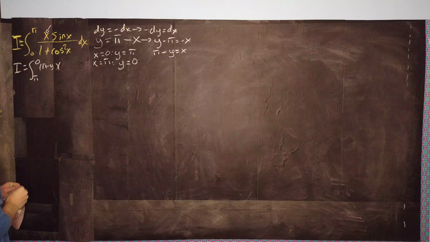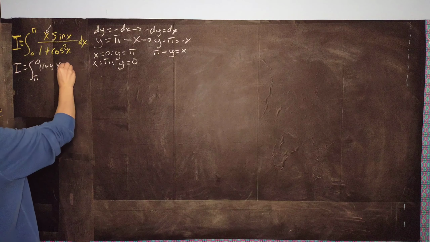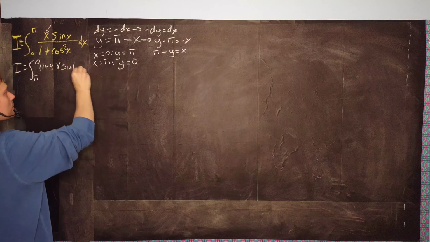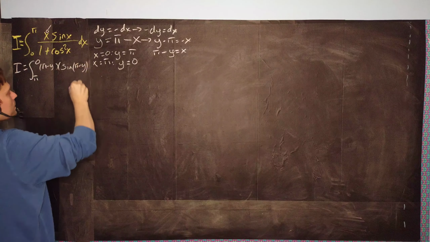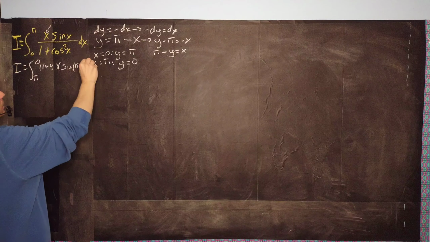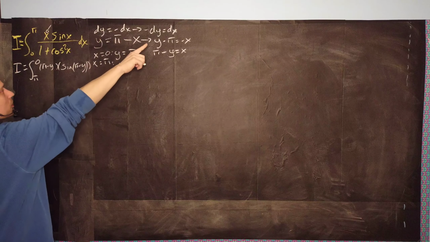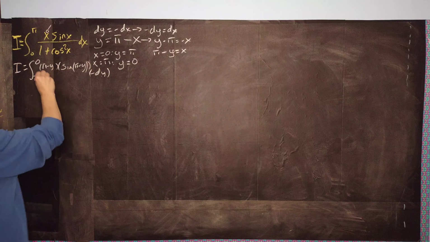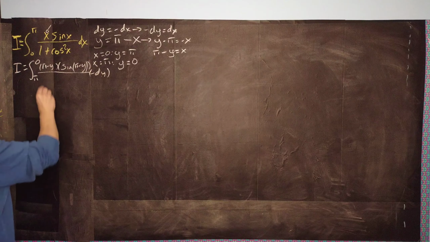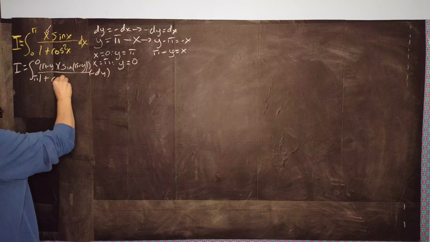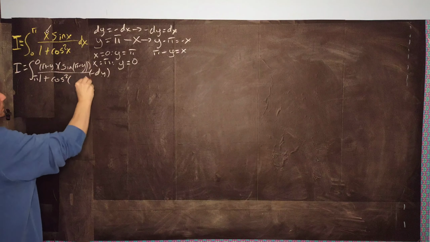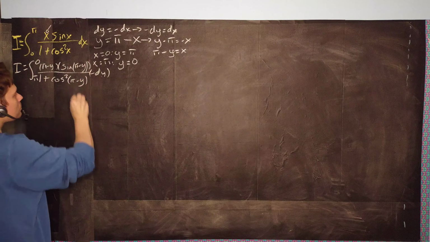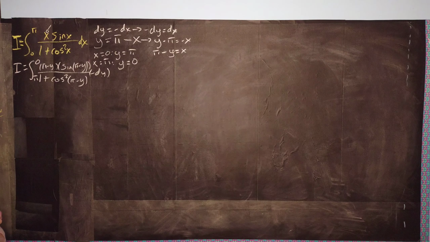The sine of x will become sine of pi minus y. Then the dx will become negative dy, within parentheses. And in the bottom, we're going to have 1 plus cosine squared, and now the new argument there is, again, pi minus y. So we're doing a variable substitution.